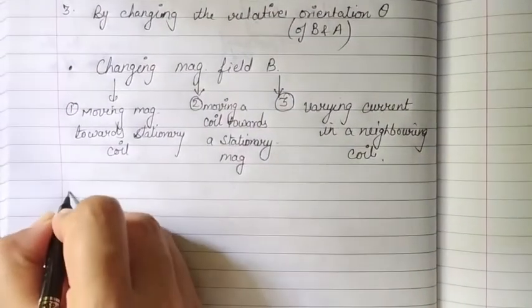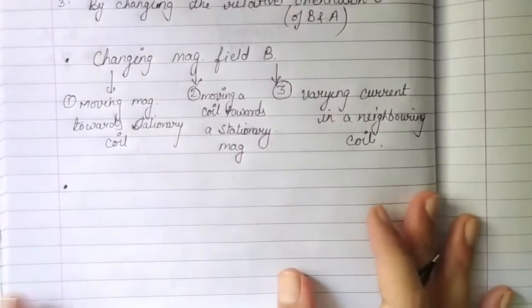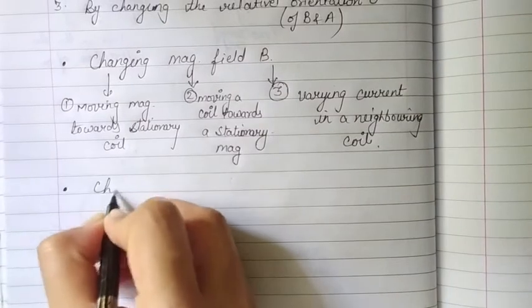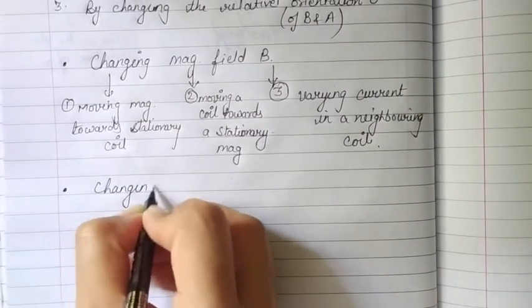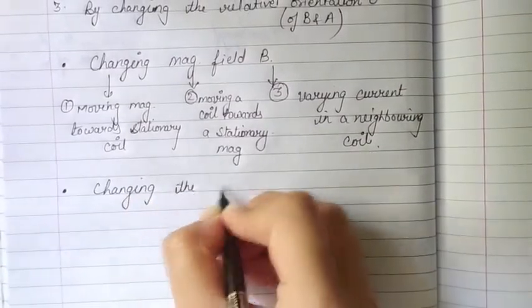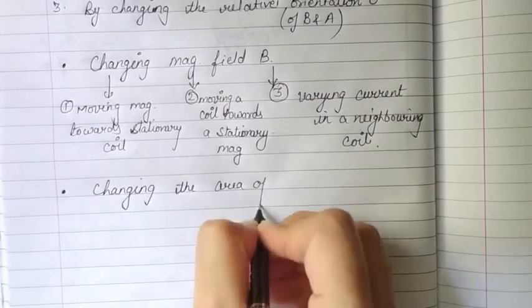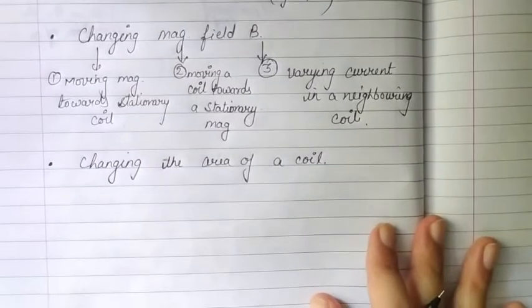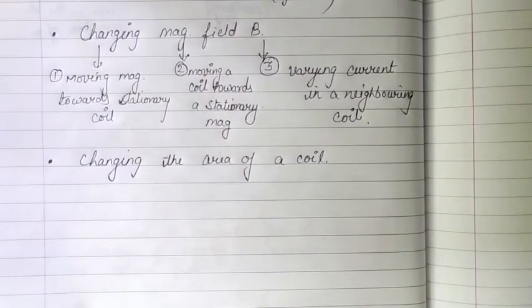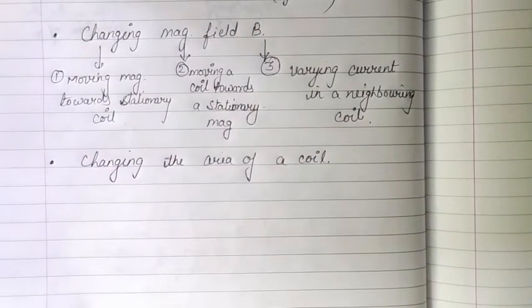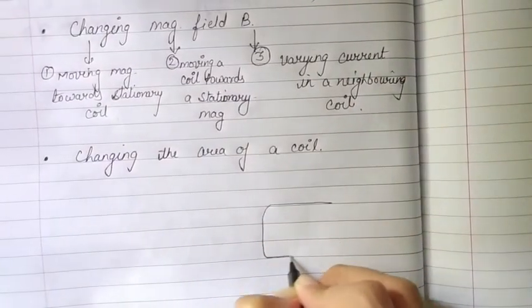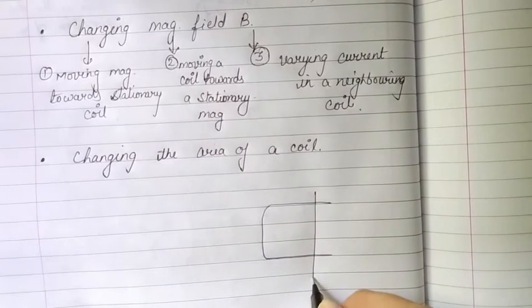Now coming to the next one, in which we are changing the area. So induced EMF by changing the area of a coil. Now this we can study by using the example that we have used earlier of motional EMF. We have a U-shaped conducting railing and a conductor PQ.